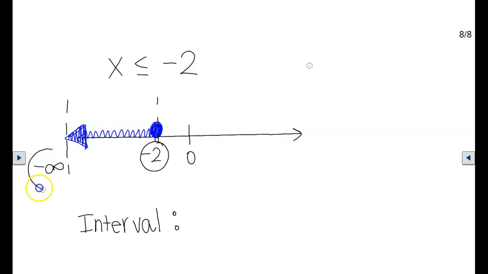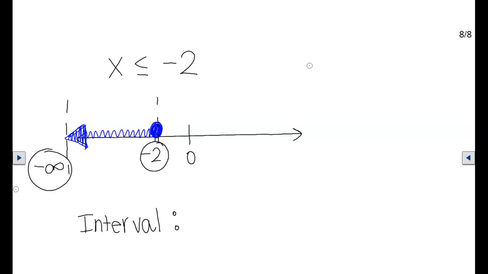So my other value is going to be negative infinity. So when we're writing this interval, we look at the two ends of that shaded region. And for right now, one of your values should be either a positive infinity or a negative infinity. Now it won't stay that way, but for the moment, you should always have an infinity, positive or negative, and a number when you write your interval.